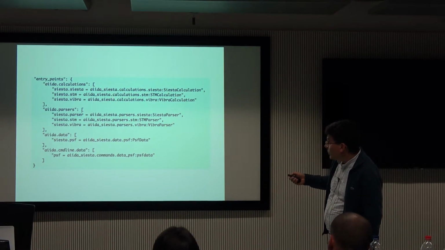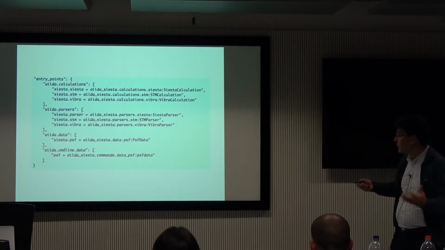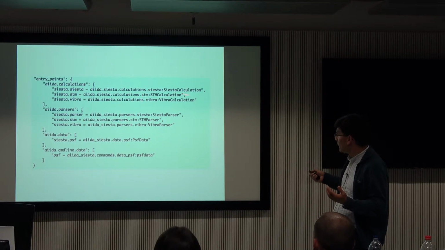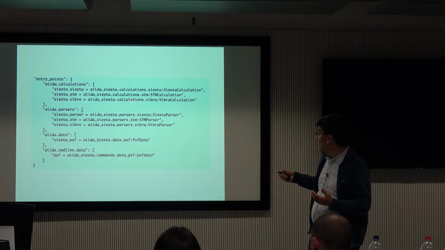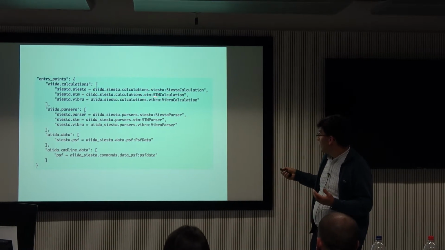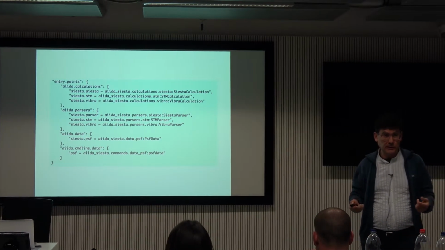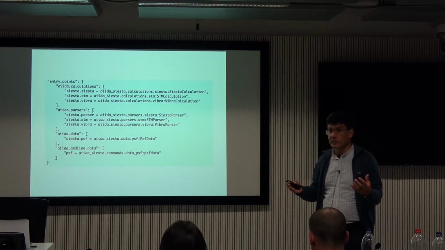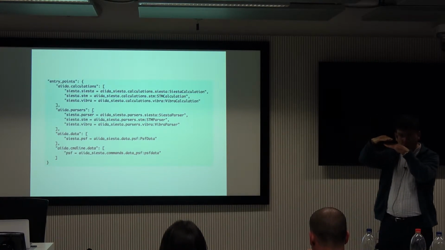Then the more important stuff are the actual plugins. Siesta is a big program, and it has basic functionality which is covered by this Siesta plugin. The class name is Siesta Calculation, but we also have a plugin for an auxiliary program that is able to post-process part of Siesta output. In particular, Siesta can create what's called the local density of states, which is some kind of charge density but restricted to wave functions in a particular window.